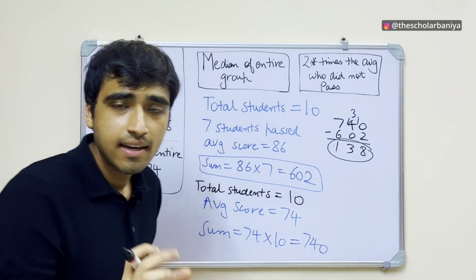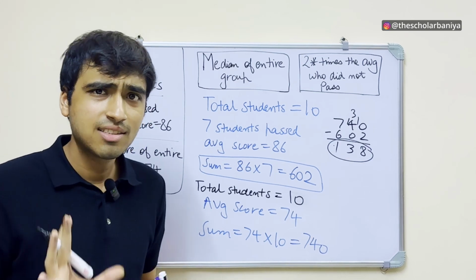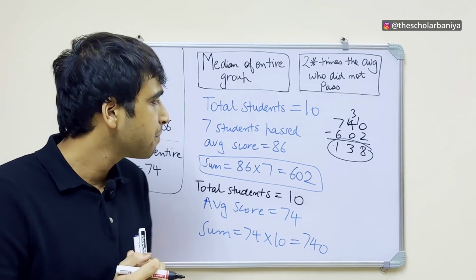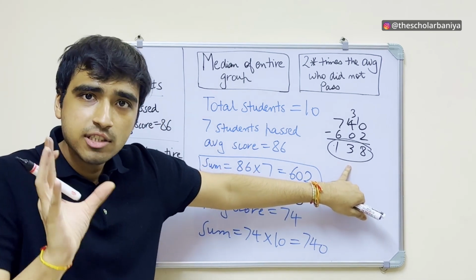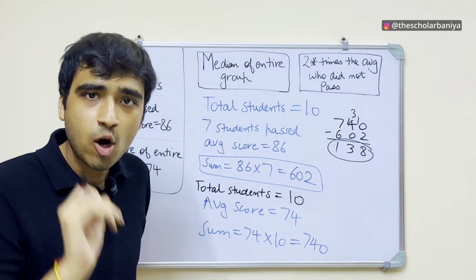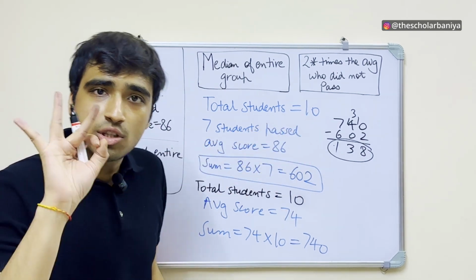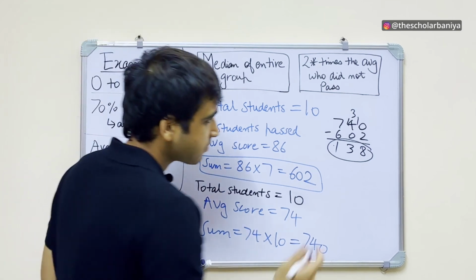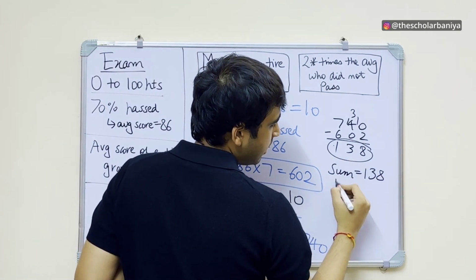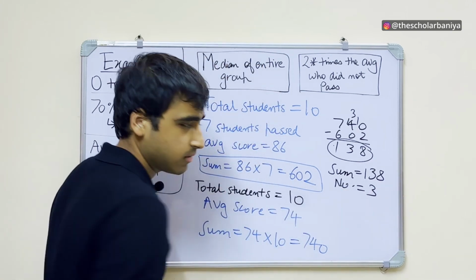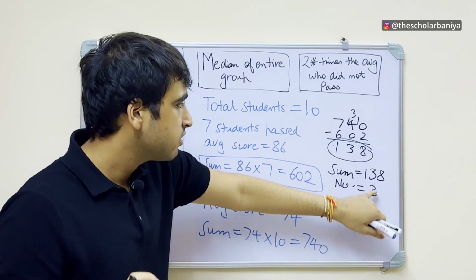So 138 is the sum of the scores of the students who did not pass. Because 7 students passed and there were 10 in total, 3 students did not pass. So the sum is 138 and the number is 3.